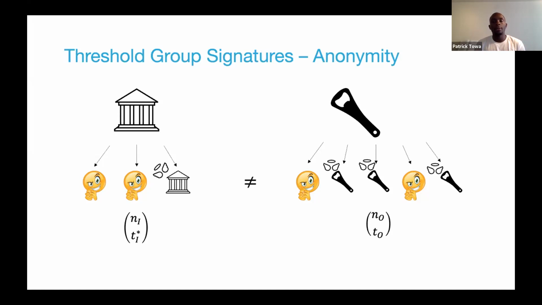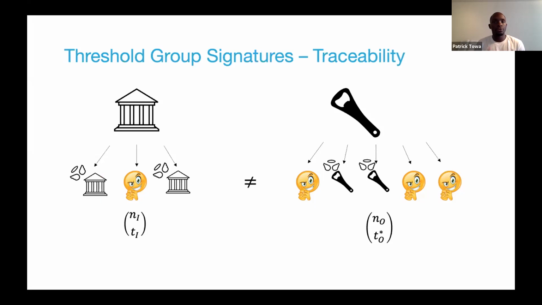The anonymity requirement is now that as long as at most T_O out of N_O openers are corrupt, then no information about signers should be inferred. The definition also introduces a parameter T_I star for the number of issuers that can be corrupt in the game. Of course, the strongest notion would be to assume that all issuers are corrupt in the anonymity game, but requiring in the definition certain issuers to be honest can actually lead to more efficient schemes than otherwise.